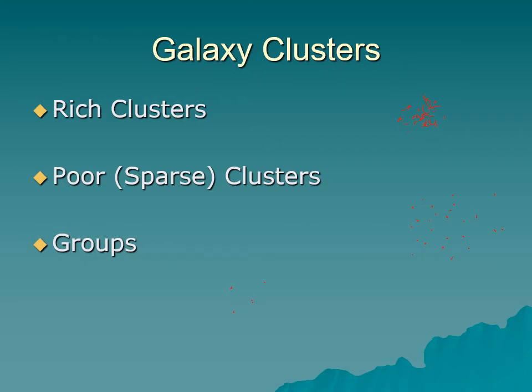Our Milky Way galaxy and the Andromeda galaxy are the two big galaxies that make our little cluster. And there's a medium-sized galaxy, M33, and then a whole bunch of small dwarf galaxies. And so our little cluster that we're part of is a group, the local group.